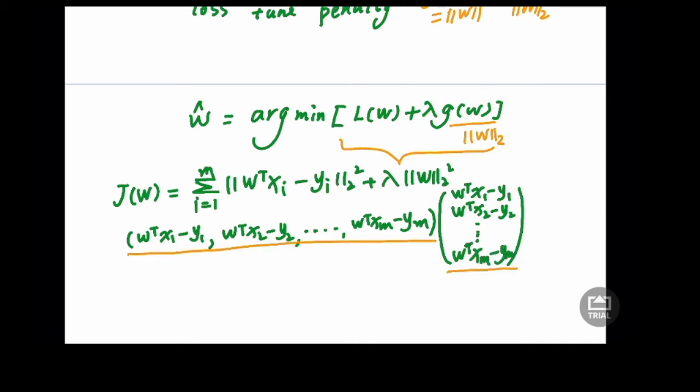They're each other's transpose. And then I will leave the penalty term here. We will take care of it later.